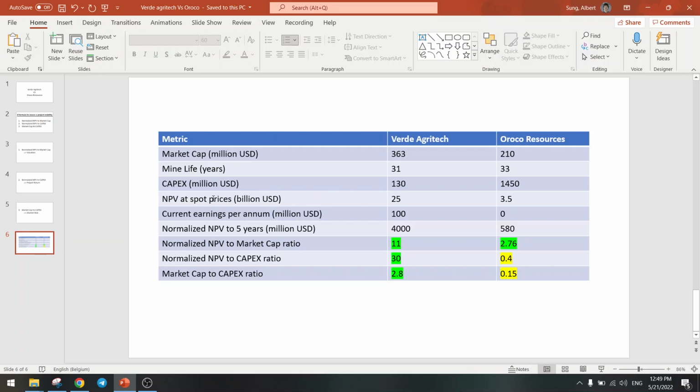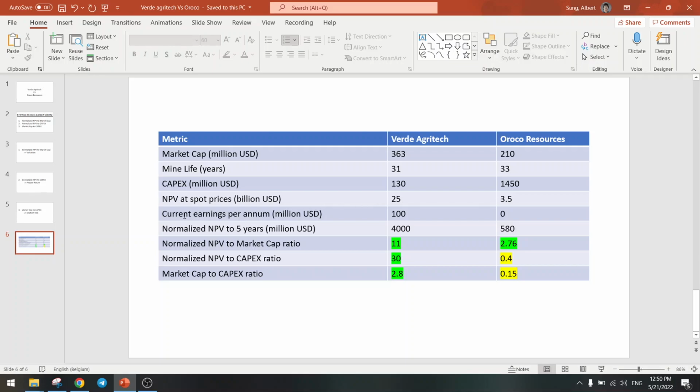Verde Agritech at spot price has an NPV of 25 billion, while Oroco only has 3.5 billion. This could go higher if they find more resources, of course. But you can already see that there's a huge difference, 25 and 3.5 billion.